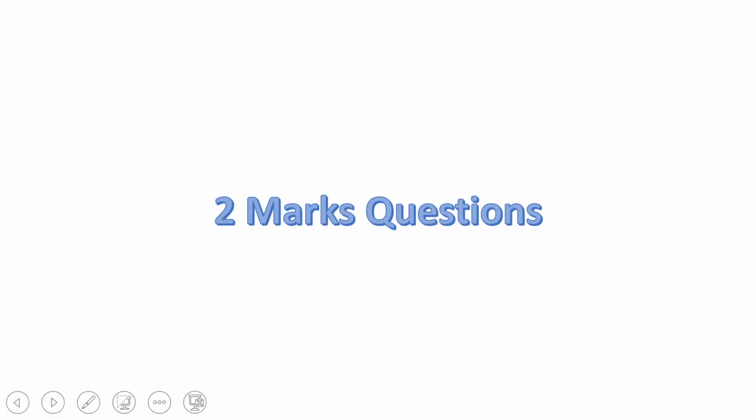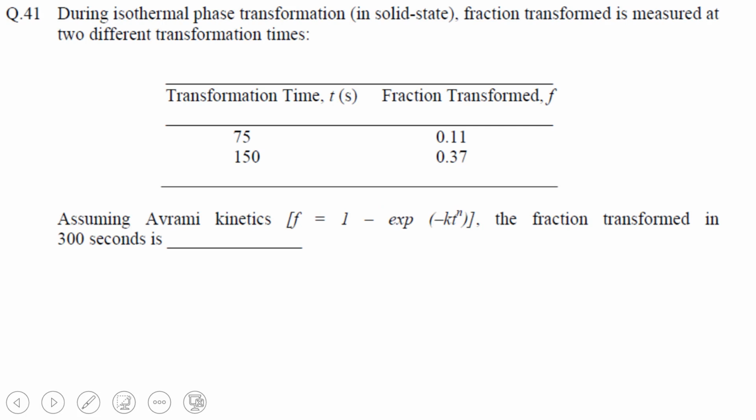Now let us move to the 2 marks question. During isothermal phase transformation in solid state, fraction transformed is measured at 2 different transformation times. On the left hand side is given the transformation time, and on the right hand side the fraction transformed.